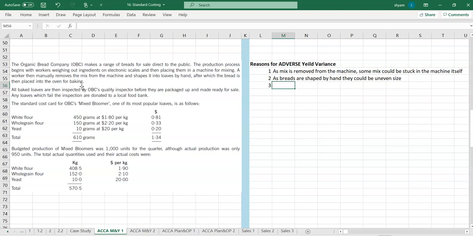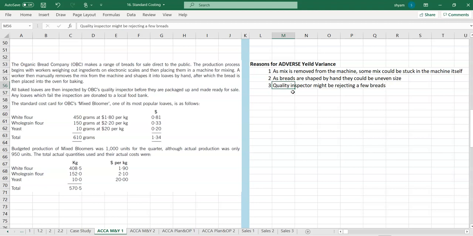Next, the bread is then placed into the oven for baking. All baked loaves are then inspected by OBC's quality inspector before they are packaged. So the quality inspector might be rejecting a few breads.